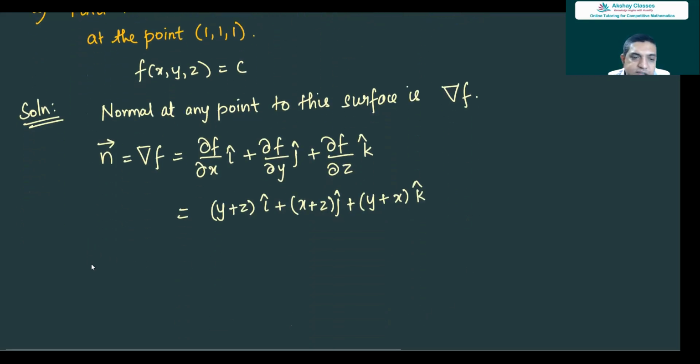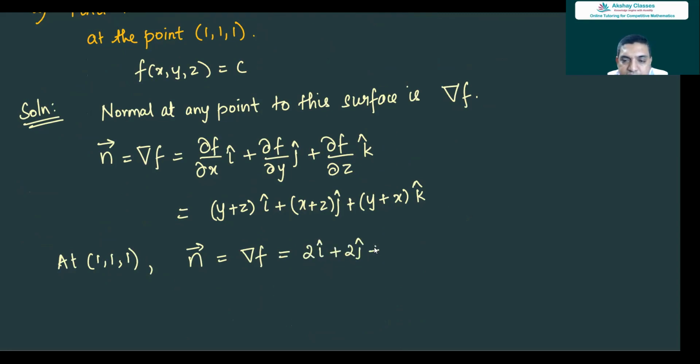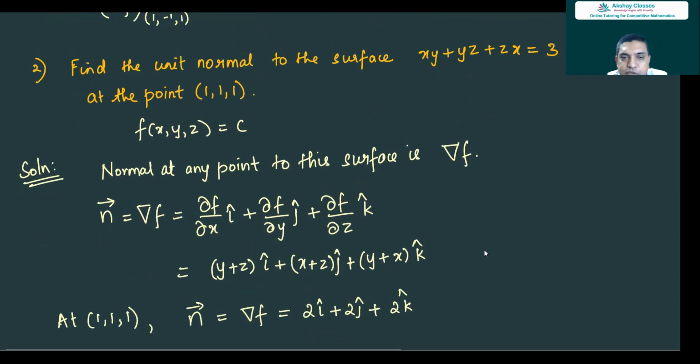Now at 1, 1, 1, n bar or grad f is equal to, substituting 1, 1, 1, you get 2i plus 2j plus 2k.